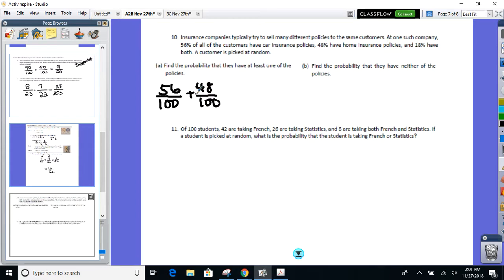But I can't just add those up. Even if you want to just add those up, what's the problem? It's going to be over 100. And there's people who do both, right? So what do I have to do with the 18% that have both? Subtract them out. Yep. Because again, you're counting people twice.